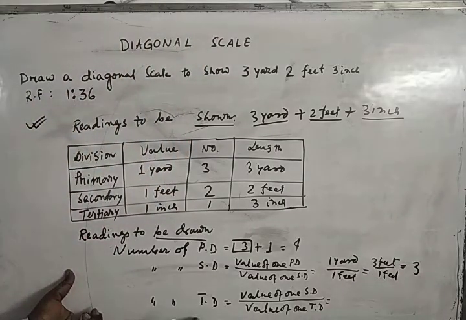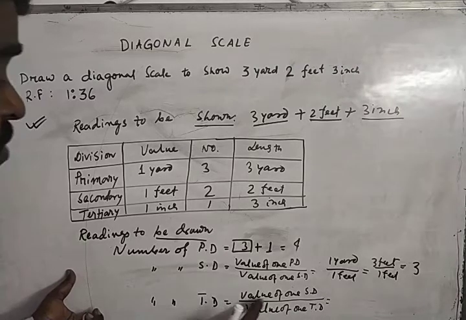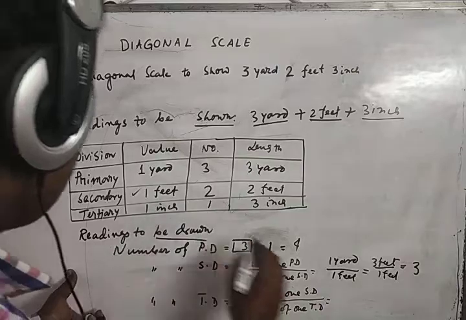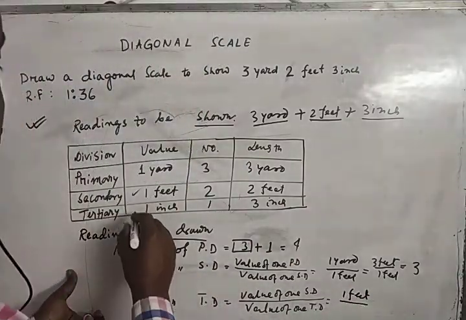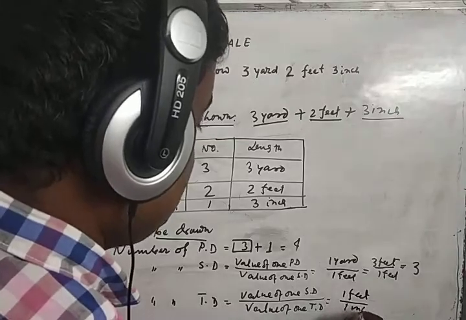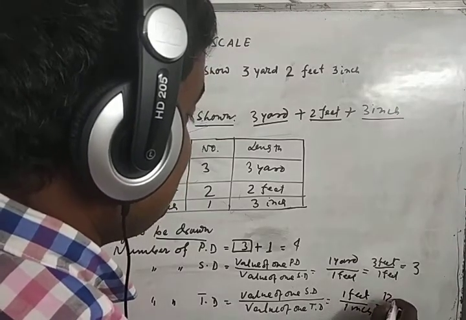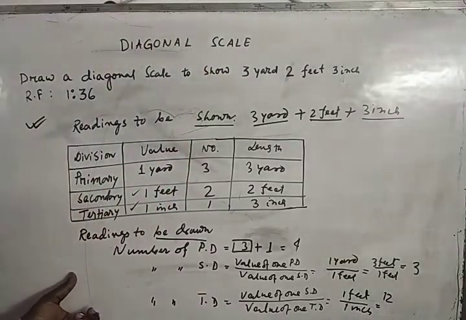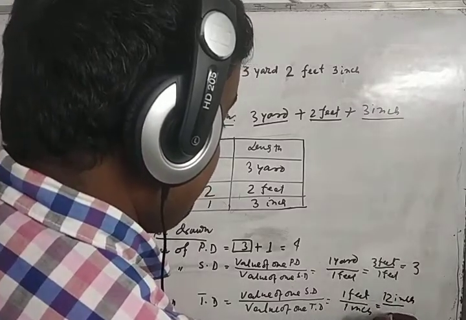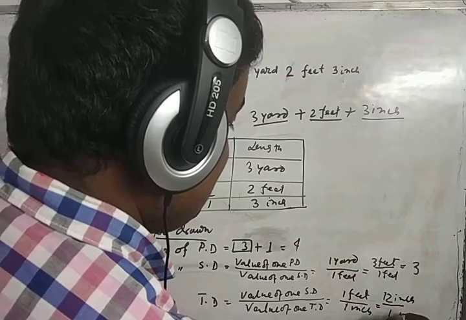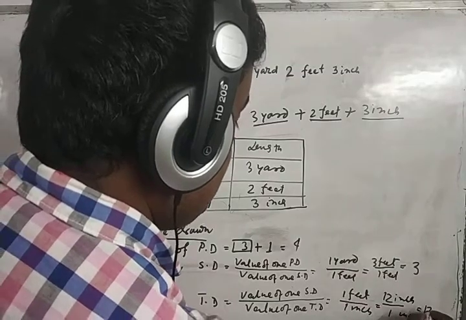And number of tertiary divisions: value of one secondary division, again that means 1 feet, divided by 1 inch. 1 feet means 12 inch, divided by 1 inch is equal to 12.